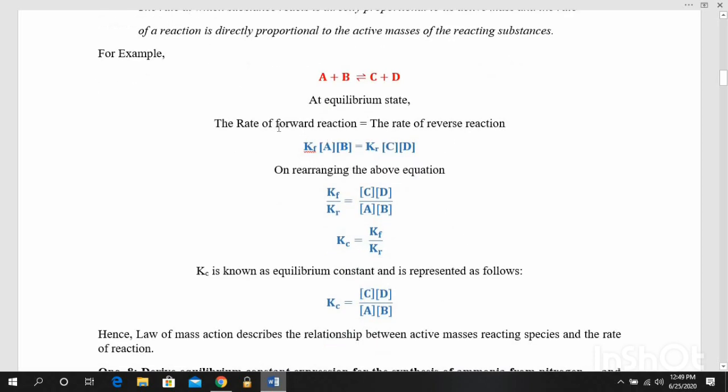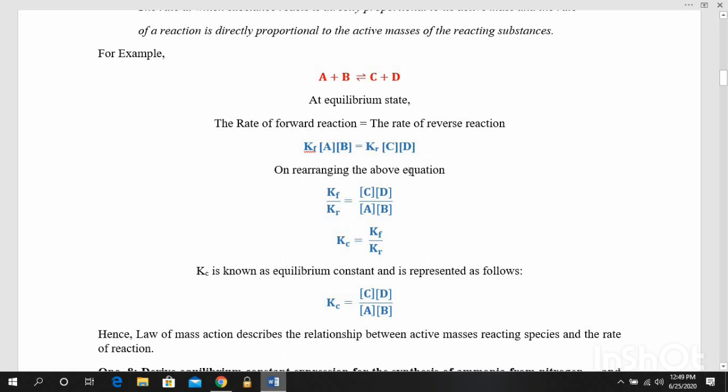To cut short directly from the lecture, we will get Kf, which is the rate constant for the forward reaction, multiplied by the concentration of A multiplied by the concentration of B, which equals Kr, the rate constant for the reverse reaction, multiplied by the concentration of C multiplied by the concentration of D, which are the products.